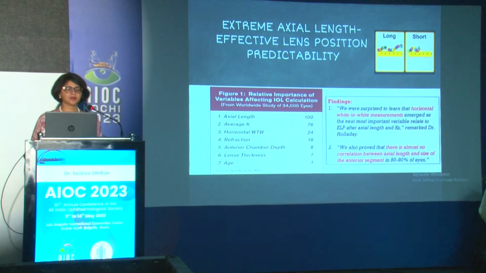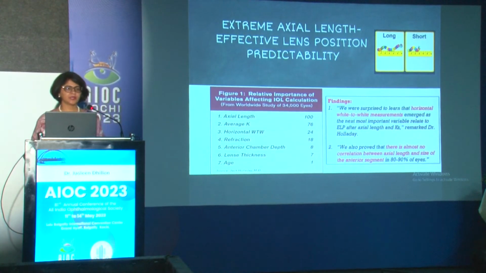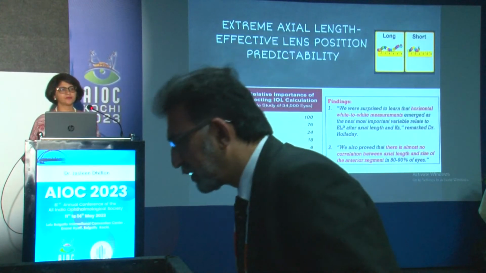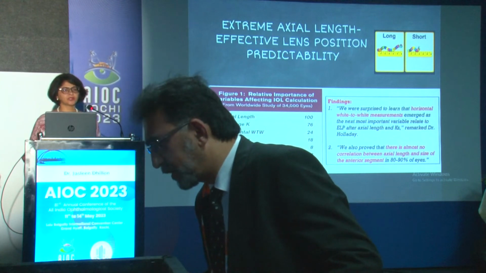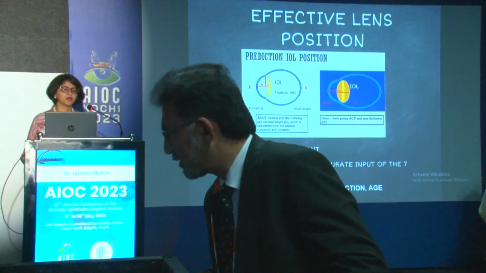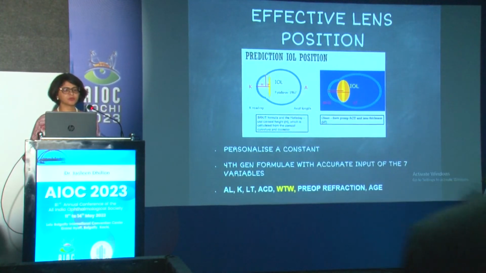Plus, it was understood that the previous formulae were based on the assumption that larger eyes have a deeper AC and shorter eyes have a shallower AC depth, which was not exactly true in most cases.